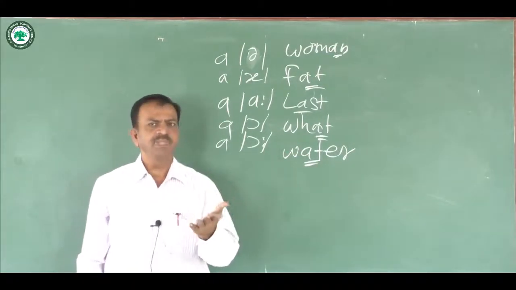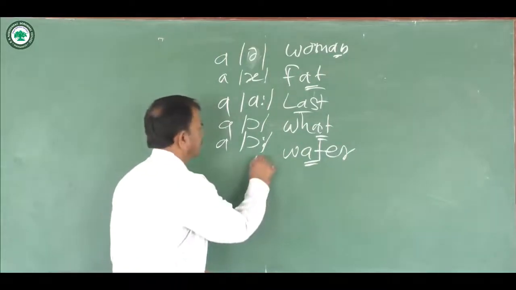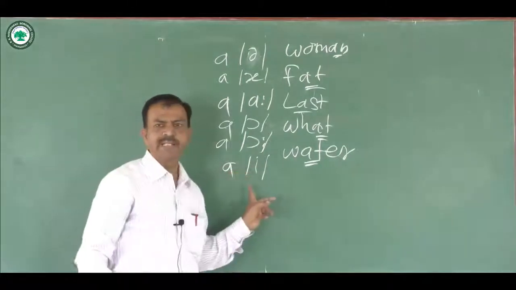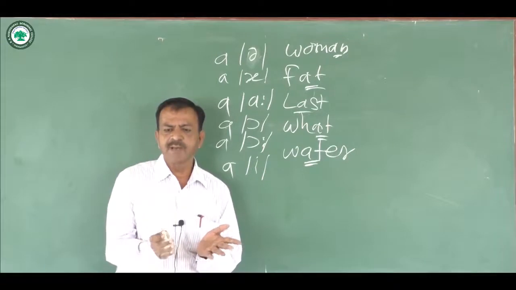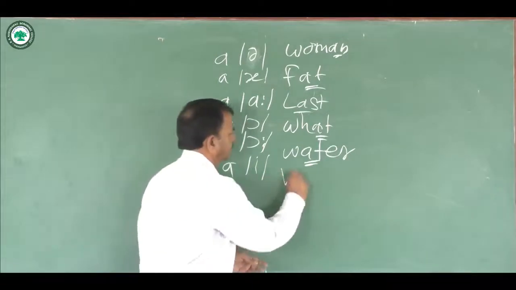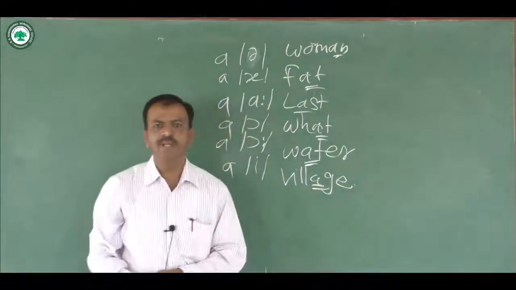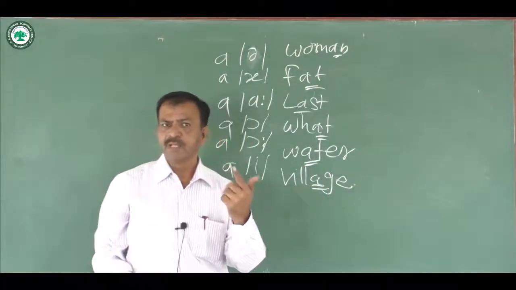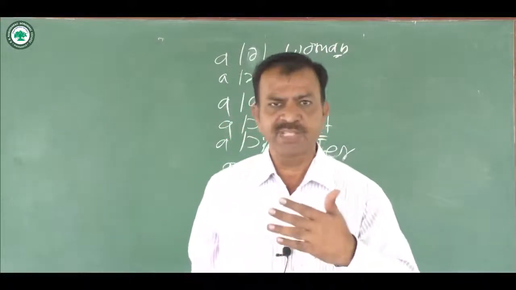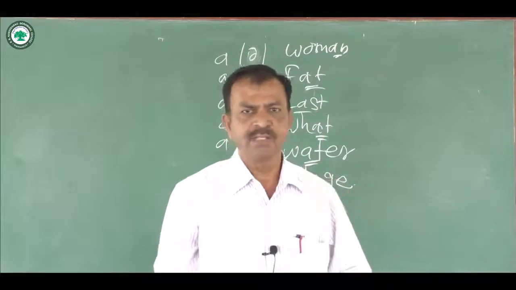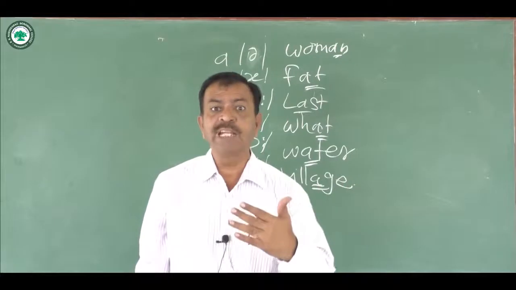Now sometimes the same letter is pronounced as E. So letter is same, but the pronunciation is different. For example, we usually pronounce this word wrong. We usually say village, but the correct pronunciation of this word is village.